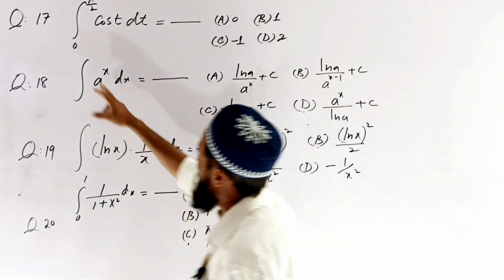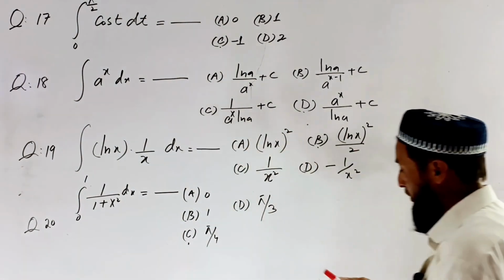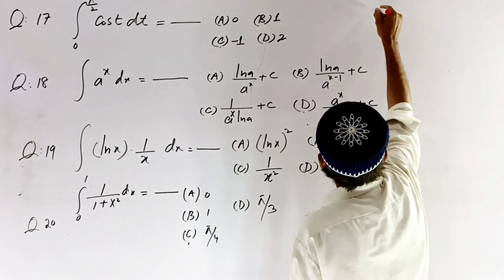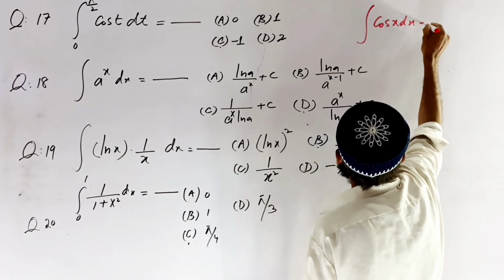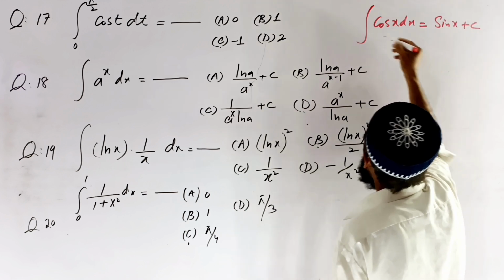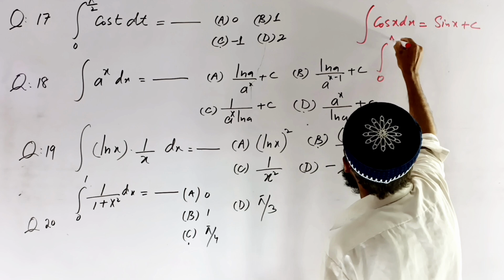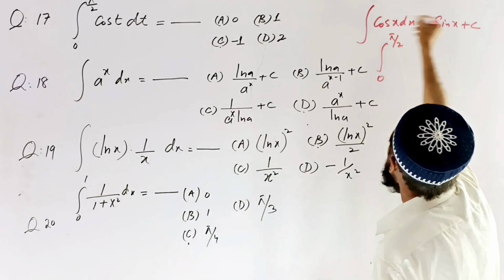Integration with lower limit 0 and upper limit pi by 2 of cos t dt. As we know the formula, integral of cos x dx is equal to sin x plus c, but here the lower and upper limits are given. That is a definite integral, not an indefinite integral.